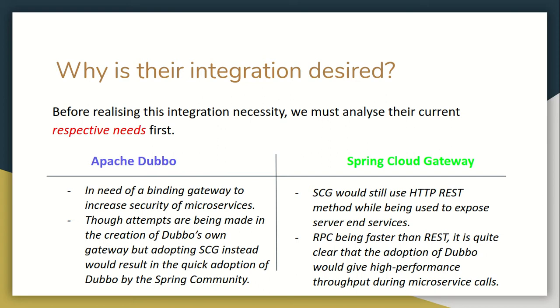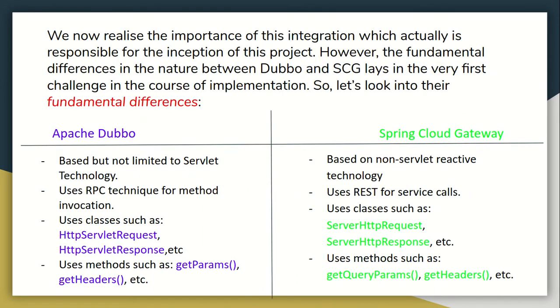But these two softwares are based on two different sets of technologies, which invites further complexities during the execution of this project. So let's talk about the fundamental differences. Dubbo is limited to servlet technology. Spring Cloud Gateway, on the other hand, is based on non-servlet reactive technology.